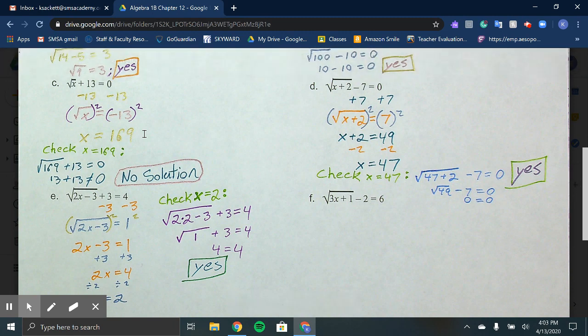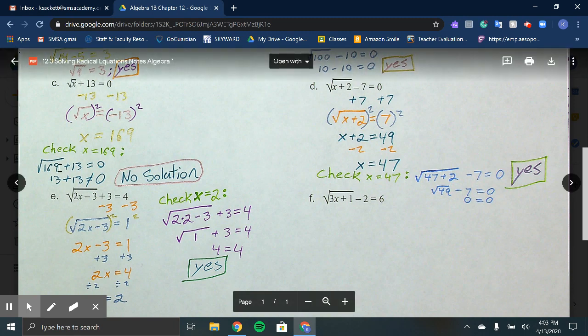Now when we plug that back in to check, the square root of 169 plus 13 equals 0. Square root of 169 is 13. 13 plus 13 does not equal 0. So in that case, C would have no solution.